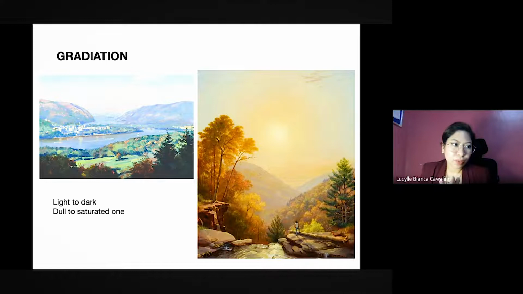That's what we call gradation, and it is also the same in the right side picture, but here you could see how the light of the sunset is a very dull, tinted yellow, and then slowly it becomes very saturated in color, red, yellow, and greens or brown, for example. So that is your gradation.